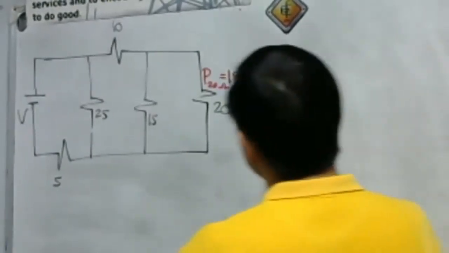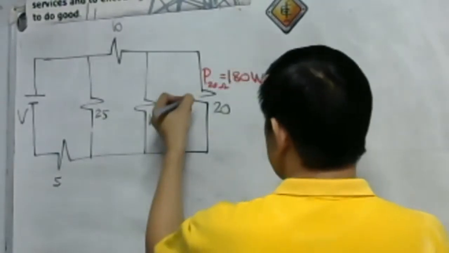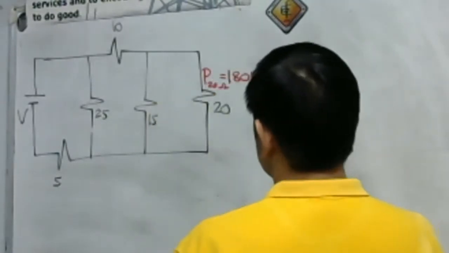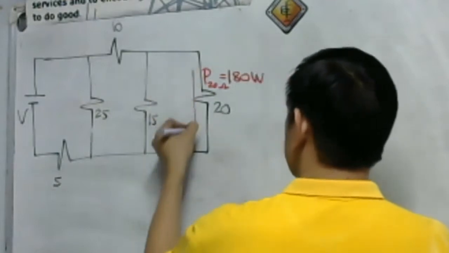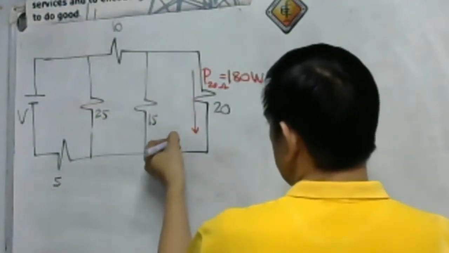And remember that there is a current flowing here. We can solve now for the current flowing here.